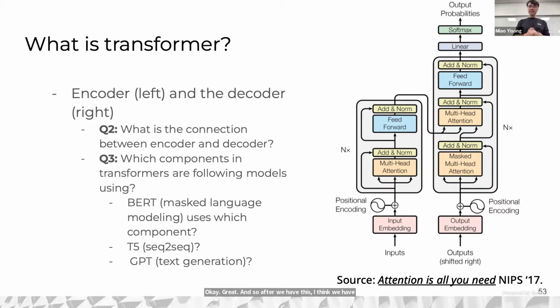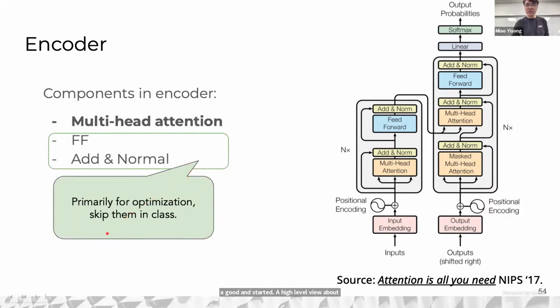Okay, great. After this, I think we have a good and solid high-level view of the transformer architecture. So let's go to the detailed, messy part of the lecture, the math. In today's seminar, we're only going to cover the MHA, the multi-head attention, because the other components, like the feed-forward net and the add and layer normalization, are primarily used for optimization, for stable gradients, and they say in the paper they enhance performance.